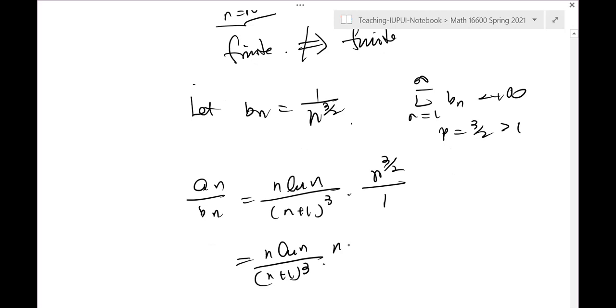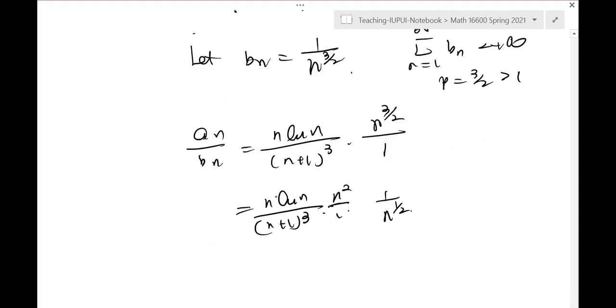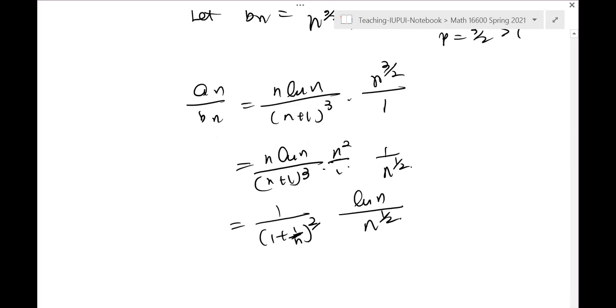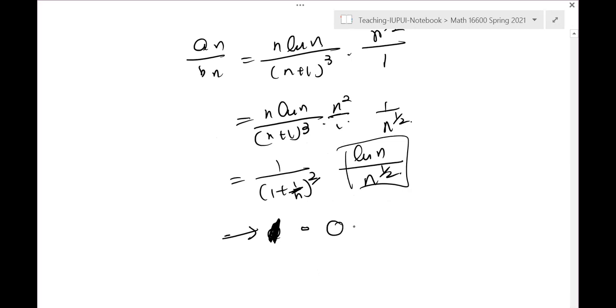This was n squared, but I can put the square root in here. Then after you simplify it, you will get natural log n over n to the 1/2. So after you simplify, the first one, the limit is 1. The second one, the limit is going to be 0, by looking at this rule. So the answer is the limit is 0.